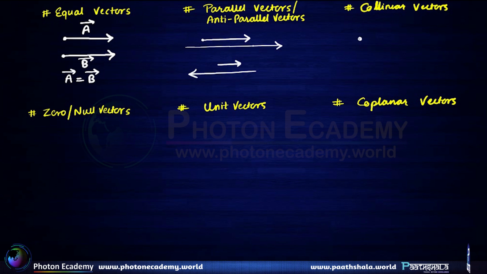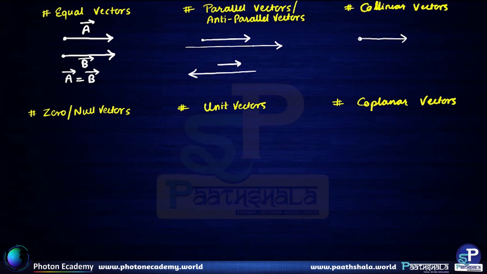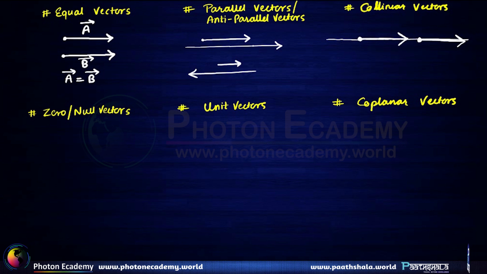Collinear vectors are the vectors that point in the same direction as well as lie along the same line. Usually, vectors are free to move parallelly to themselves, but here in case of collinear vectors, we assume that collinear vectors are lying on the same line, so they are not necessarily free to move parallel to themselves.